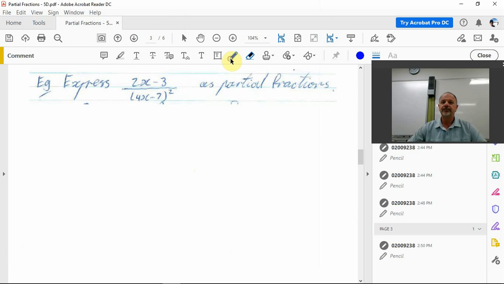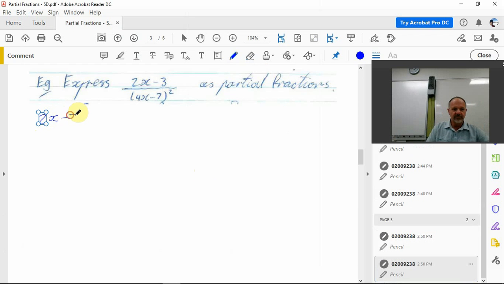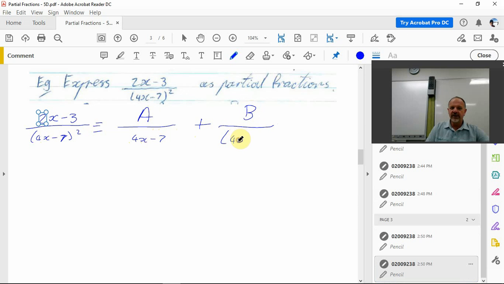Gone. All right, so express 2x minus 3 over 4x minus 7 squared as partial fractions. Okay, so the factors are 4x minus 7, and the other one is 4x minus 7 squared.